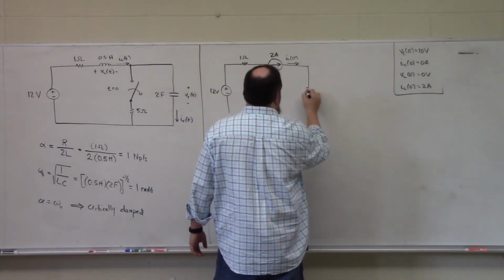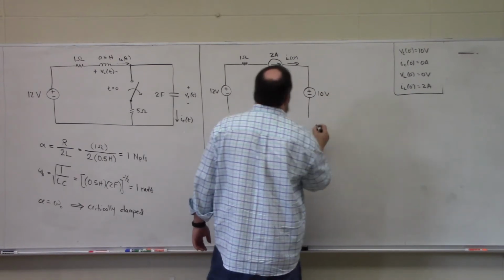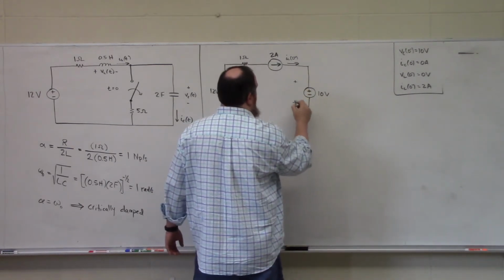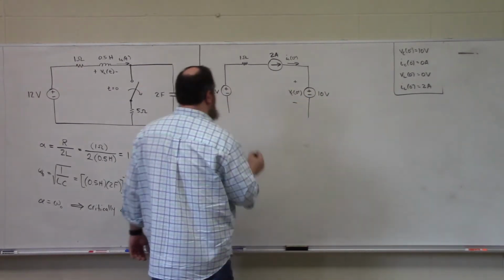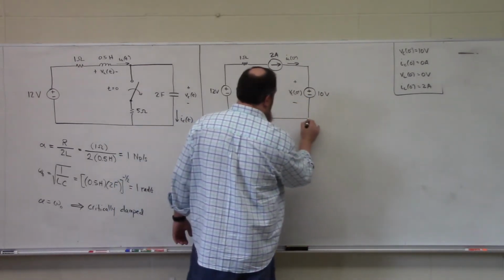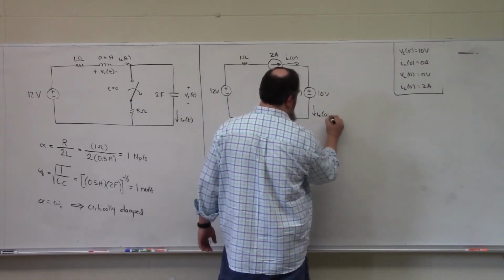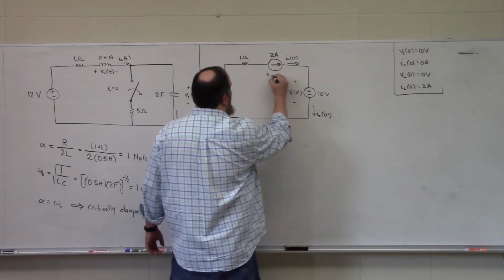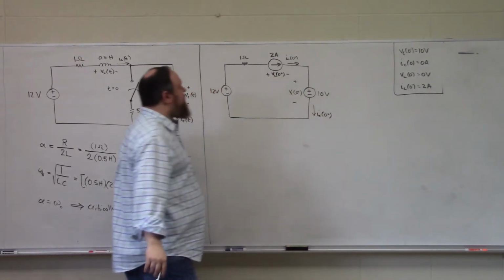My capacitor, I'm going to replace with a 10 volt source such that VC at 0 plus must be 10 volts. And let's define our capacitor current here, IC at 0 plus, and our inductor voltage VL at 0 plus.